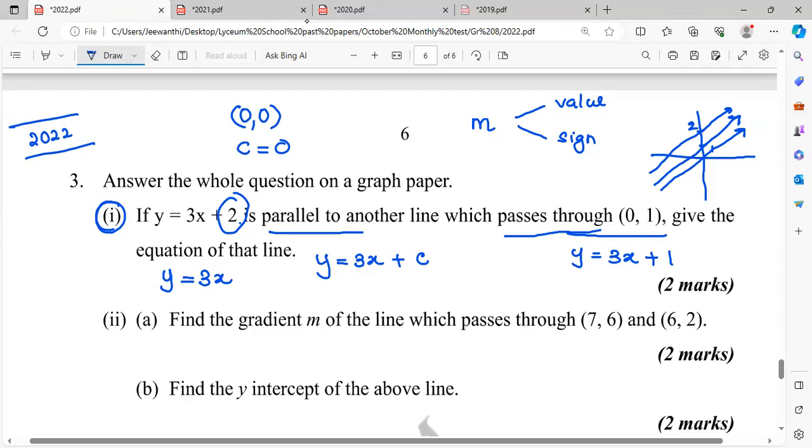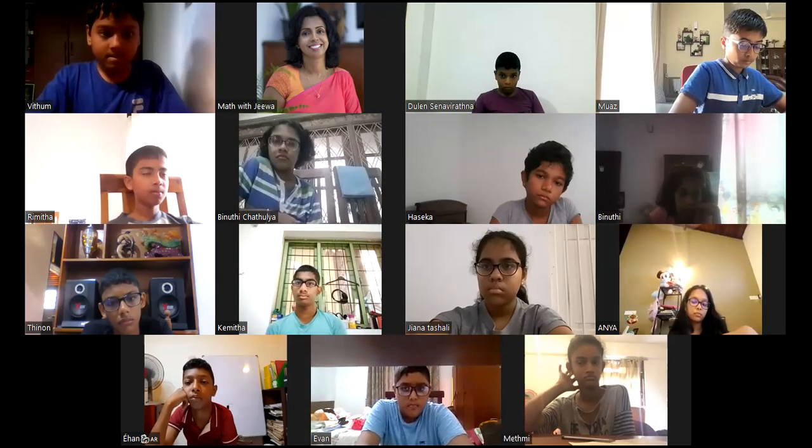So you want to read the additional information at the end of the question to get a clue about the y-intercept, right? So then we will move to the next one, the gradient you want to find. Quickly we will move to the past paper, the whiteboard like earlier. The 2 points they have given, what I told you, you just write down point 1 and point 2 like this.